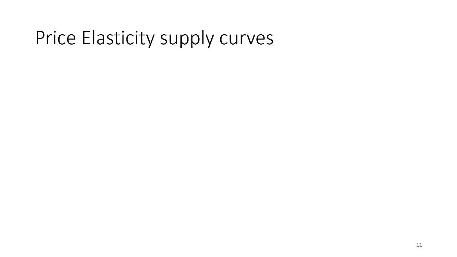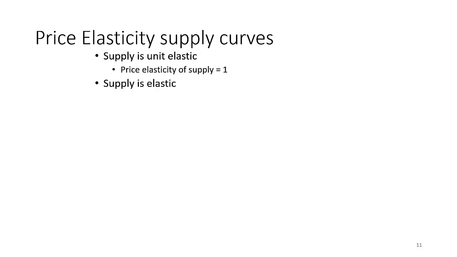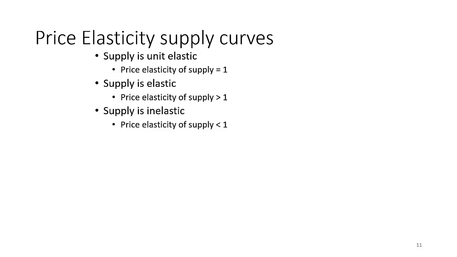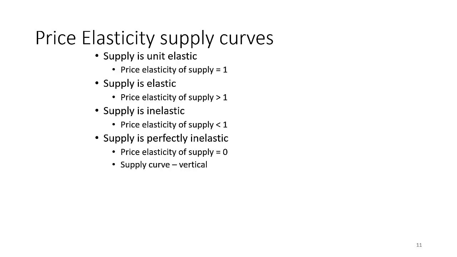Now, how do we interpret different elasticities? Exactly like what we have done in demand. Supply is unit elastic if elasticity of supply is equal to 1. It is elastic if it is greater than 1. It is inelastic if it is less than 1. Perfectly inelastic, as you guessed, has to be exactly equal to 0, which is a vertical supply curve.